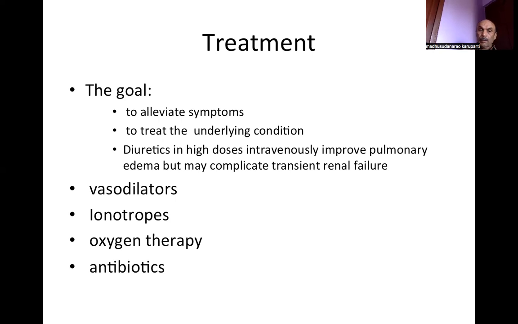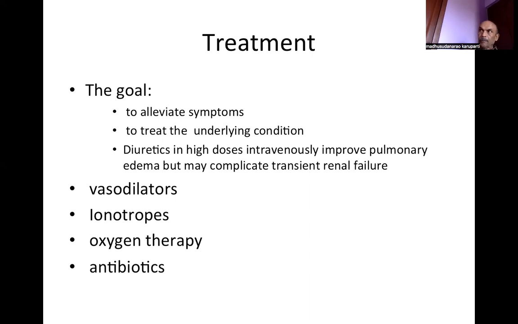And in the beginning, to alleviate the breathlessness and move the fluid from the extravascular compartment, give diuretics in high doses. Most of the patients with pulmonary edema improve with diuretics. But there could be occasionally transient renal complications, but these are transient.